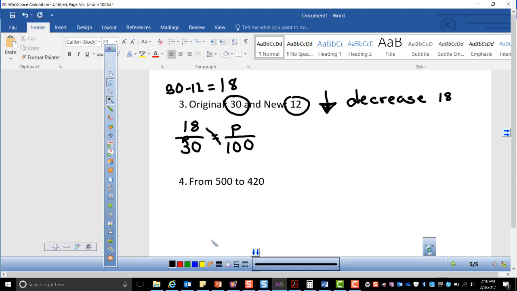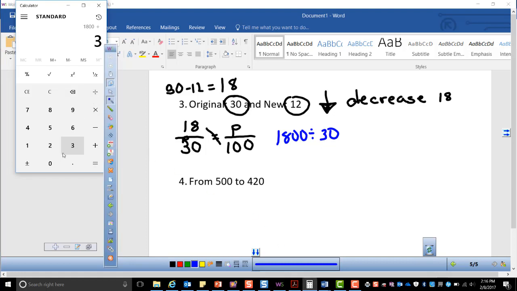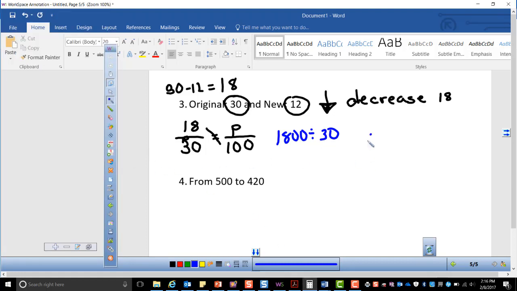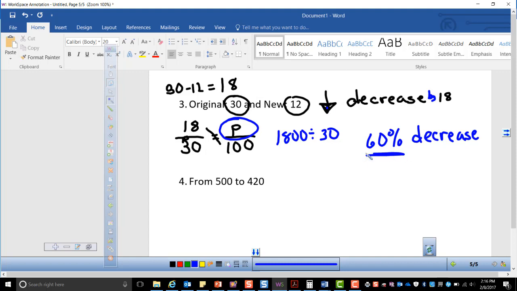So we multiplied. I got 1,800, divided by 30. If I divide by 30, I get 60, and it's a percent, right? I'm looking for P, so that's a percent decrease. That's a decrease because it went down. 30 is bigger than 12, so it went down by 18, which is a 60% decrease.